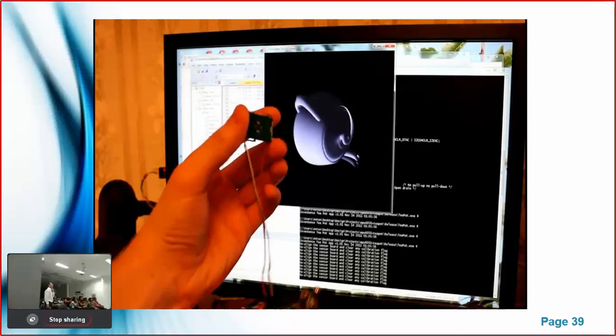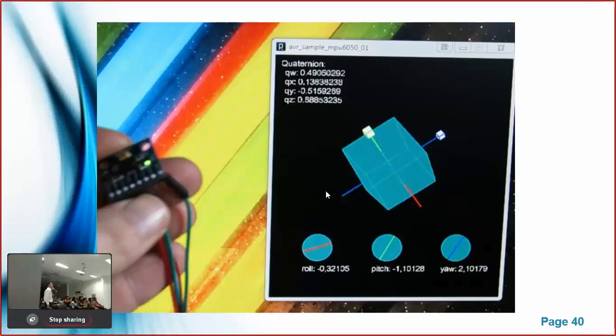This is a simulation for the IMU. It's like what we have discussed before. Another IMU simulation for the 3 angles in space.